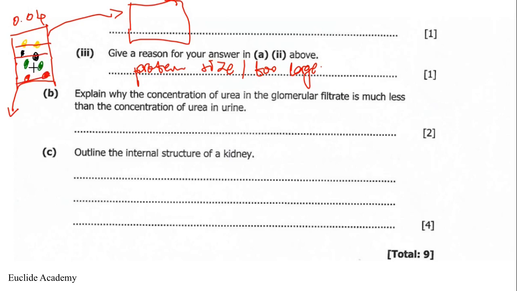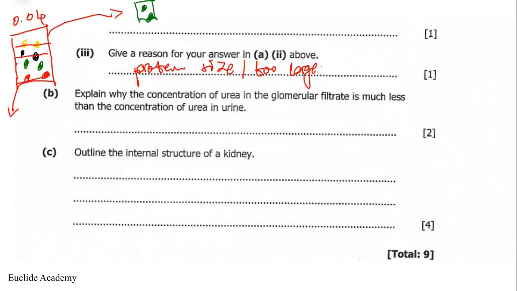So you can see that now we remain with only 2 molecules of urea, and this space here is too large, so this space will be reduced, because it only has to accommodate 2 molecules now. So we see that the concentration of urea per volume will be much higher compared to this part, because here it had some other molecules in it. But now, since these have been reabsorbed back into the bloodstream, we've got a high concentration of urea.